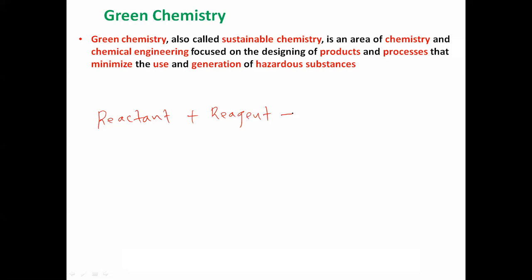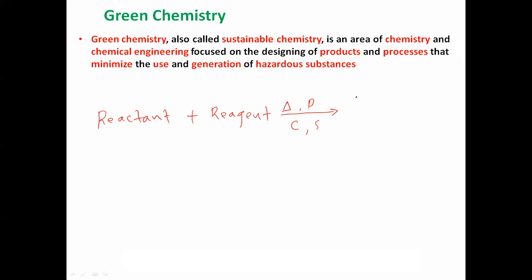Okay. Then there is an arrow, forward arrow, which states the reaction conditions. Means we may apply heating or maybe cooling, under pressure, and or catalyst. Okay. So these are reaction conditions. We also use solvents.